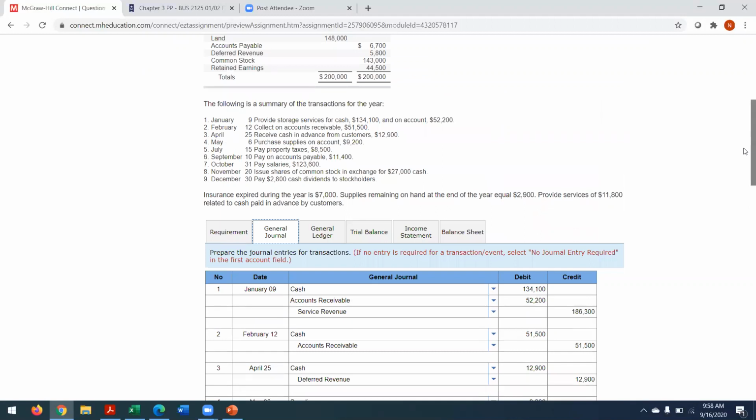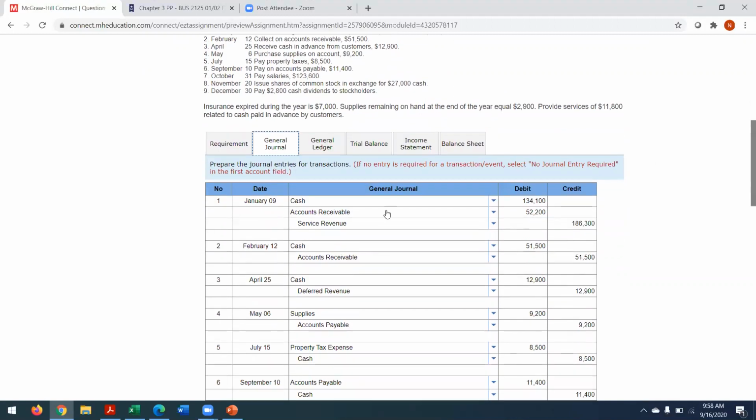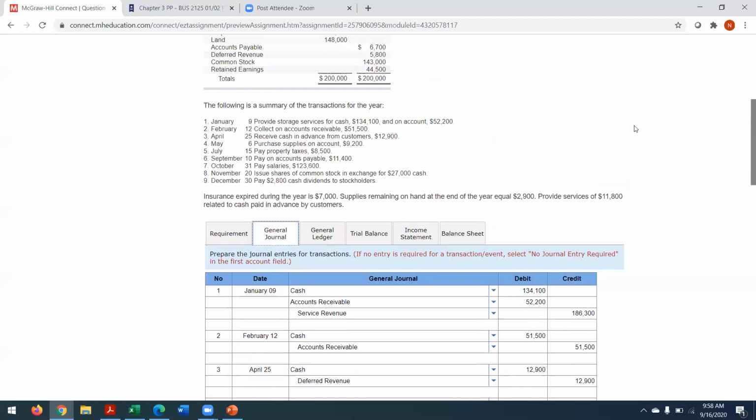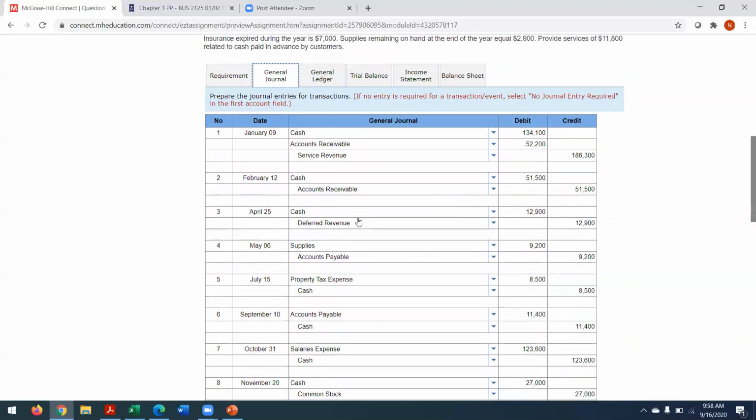Collect on accounts receivable 51.5. We debit our cash 51.5. We credit our accounts receivable 51.5. April 25th, we received cash in advance from customers. What does that mean? We didn't do the work yet. Debit cash 12.9, credit deferred revenue 12.9.